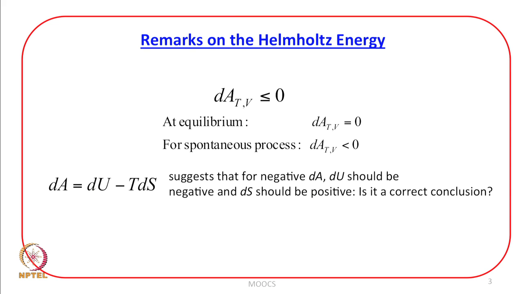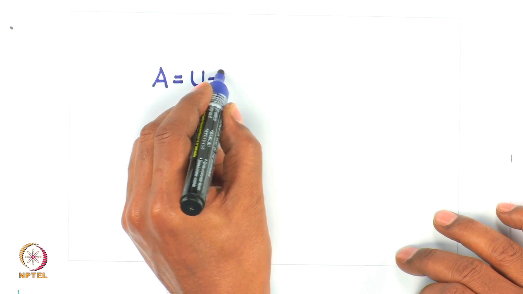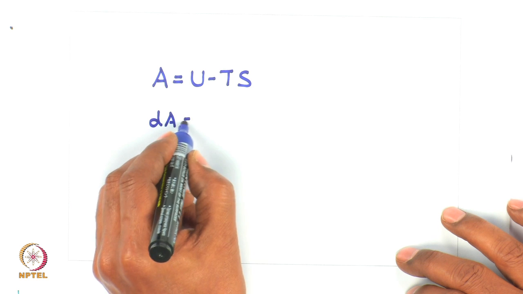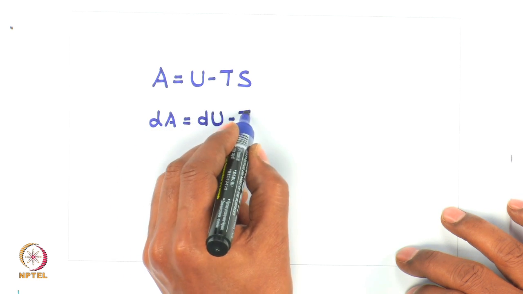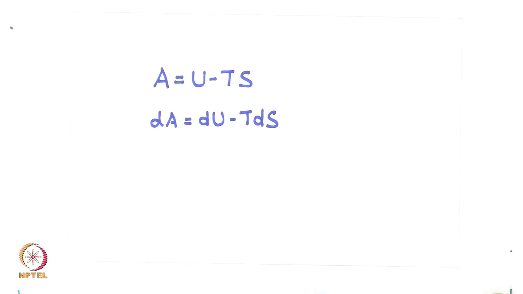So, now if we take a look at dA is equal to dU minus TdS. This comes from the definition of Helmholtz energy. Helmholtz energy or Helmholtz function A is equal to U minus TS, we have defined earlier. dA is equal to dU minus TdS at a constant temperature, the SdT term goes away.